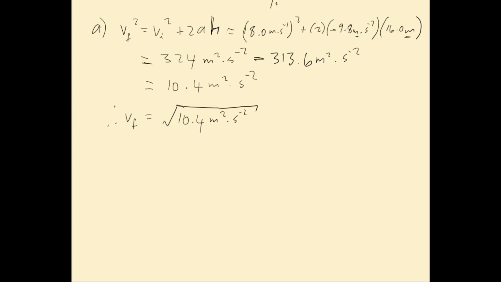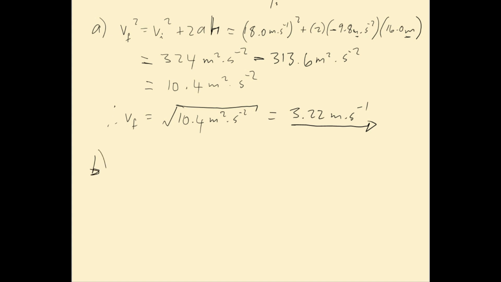Meters squared becomes meters, seconds to the minus 2 becomes seconds to the minus 1, and the square root of 10.4 is 3.22. So it's 3.22 meters per second. This is a reasonable answer. So when it reached 16 meters above the ground, this is the speed at which it was going.